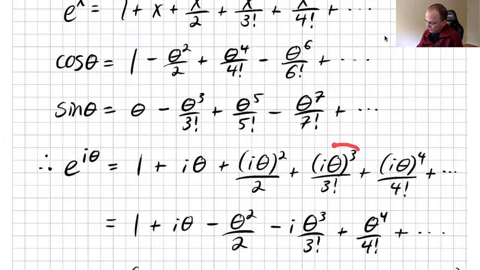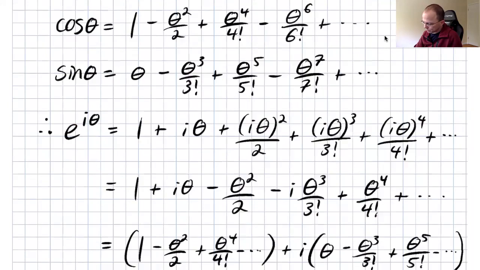Here we're doing i cubed, so we get negative i in there, since the i squared becomes negative 1, and then we have another i after that. And if we do i to the 4th, then we get i squared squared, so that's minus 1 squared, and that becomes 1. So this is what we get when we substitute i theta into that Taylor series.